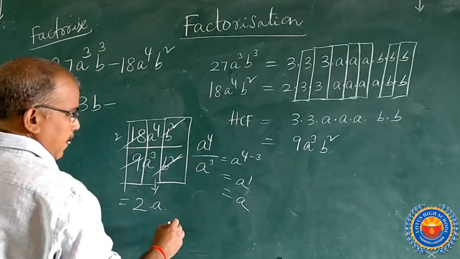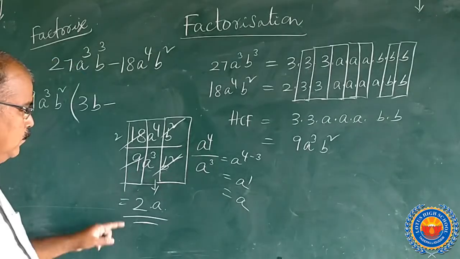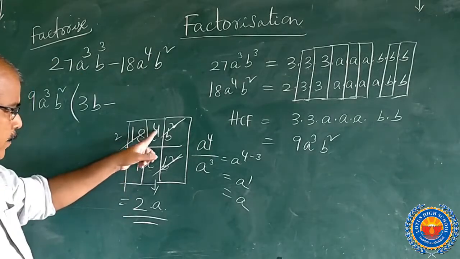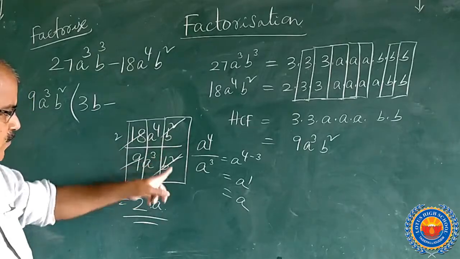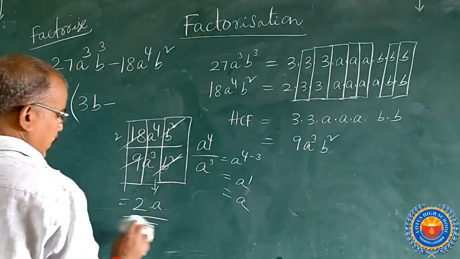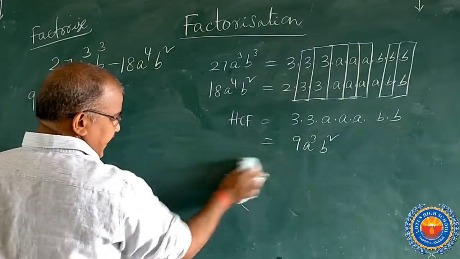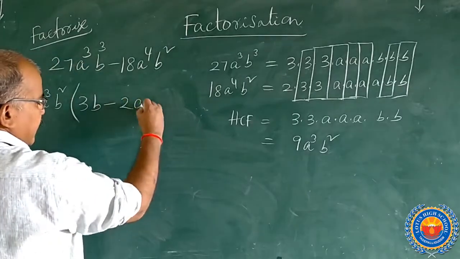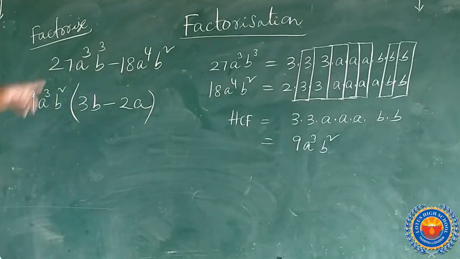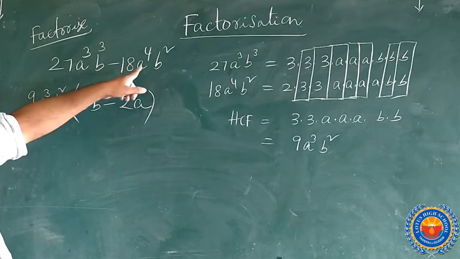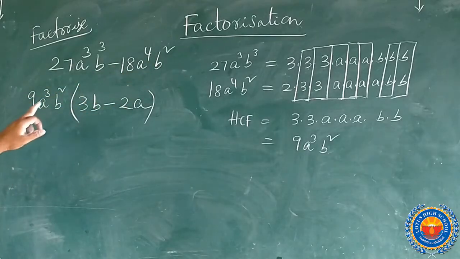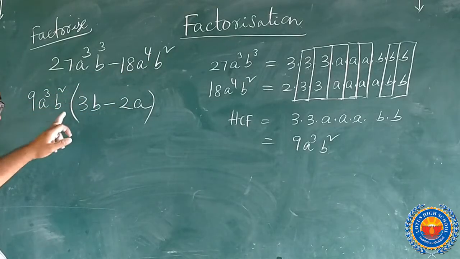So 2a is the answer. Finally, 27 a cube b cube minus 18 a to the power of 4 b square is equal to 9 a cube b square into 3b minus 2a.